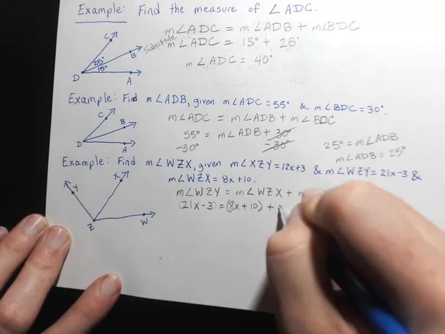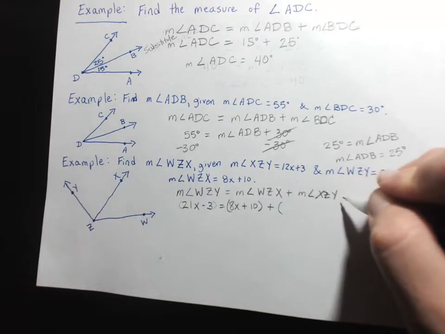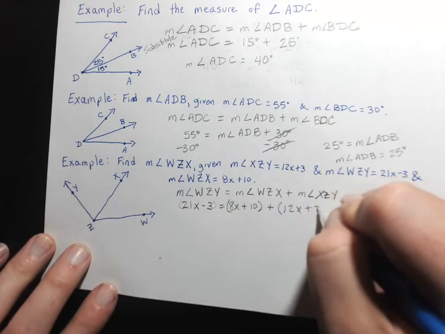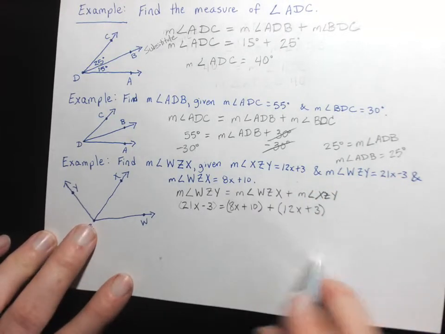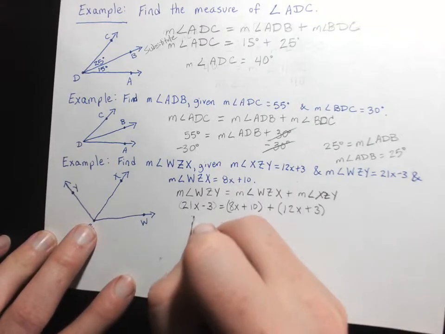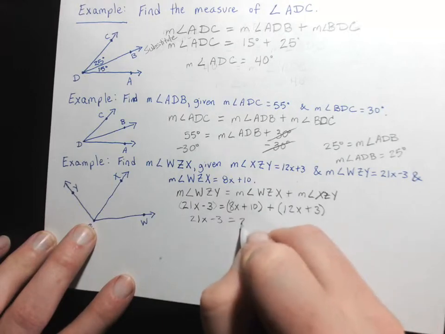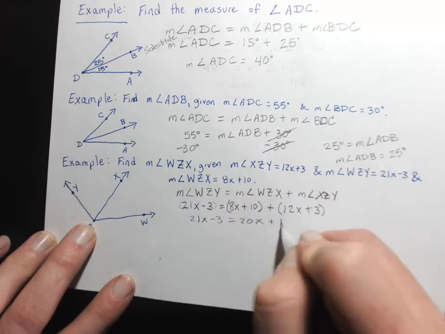And I'm going to add that to the other angle, XZY, which is 12x plus 3. Now I'm going to combine my like terms. So I'll have 21x minus 3. I'll have 20x plus 13.